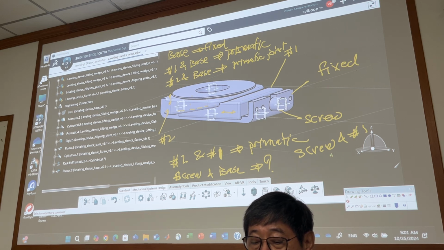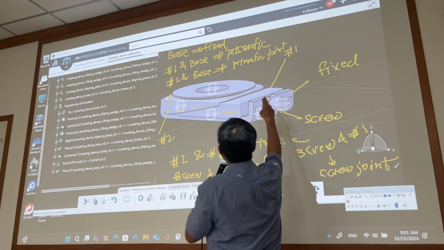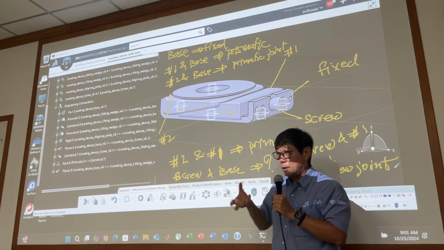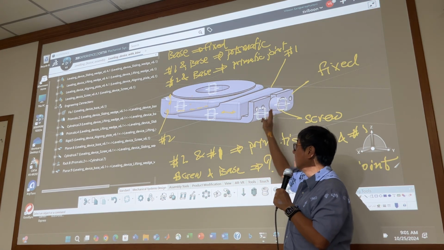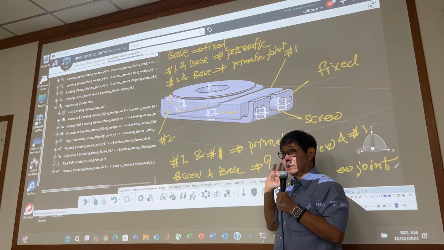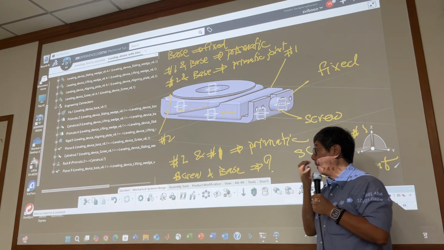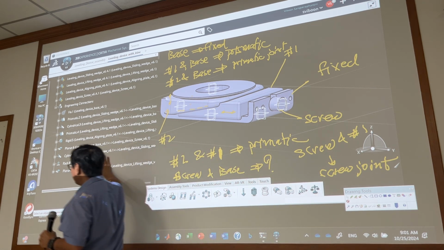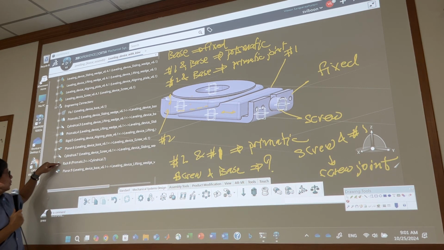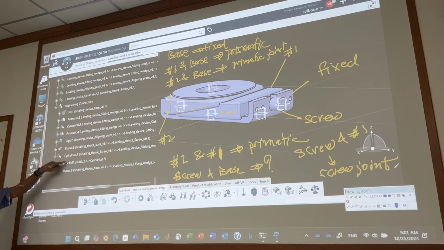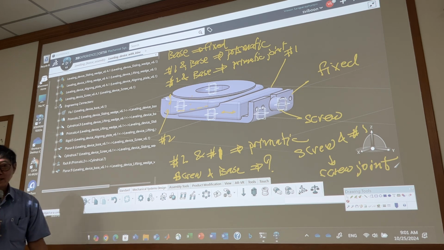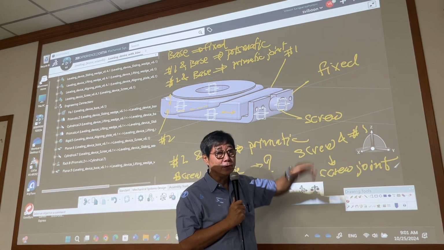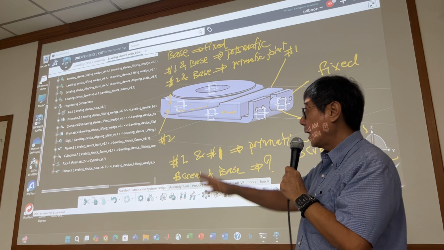This screw and this one are a screw joint, you have to apply it, but in this case mine is different. If you don't want a screw joint, I can do a revolute and cylindrical joint instead, right? I will show you this screw because the slide already did this one.